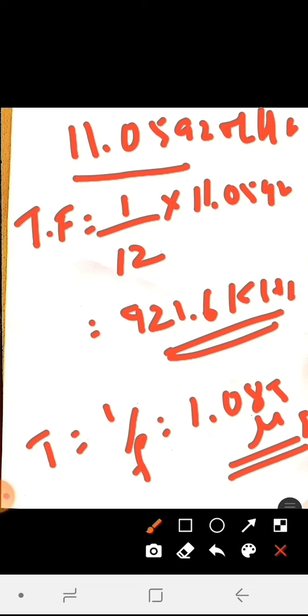With this value you can find the period, which is equal to 1 by f. So 1 by 921.6 kilohertz gives us 1.085 microsecond. Therefore with the crystal frequency of 11.0592, the period we have is 1.085 microsecond.